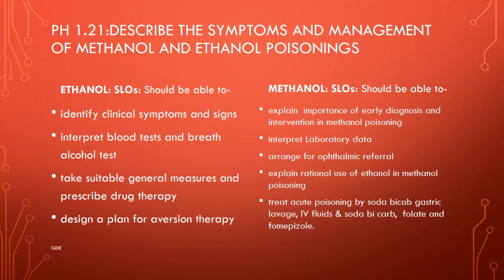My question is, what do you mean by sub-competency in alcohols? Describe the symptoms and management of methanol poisoning. Describe the symptoms and management of ethanol poisoning. Sir, ethanol poisoning is one sub-competency. Can we consider it?